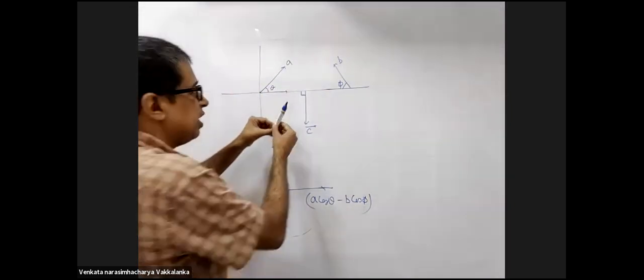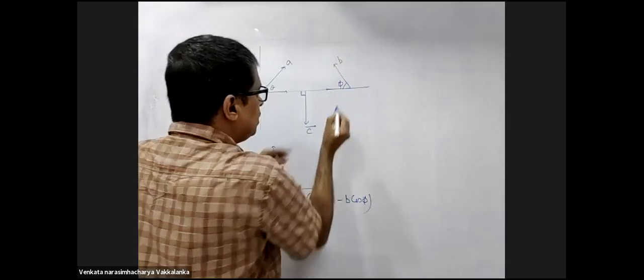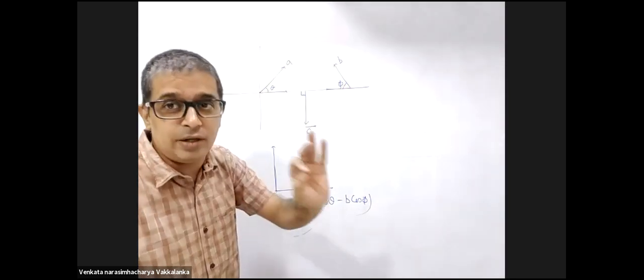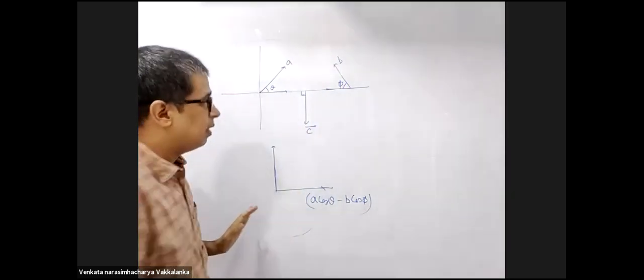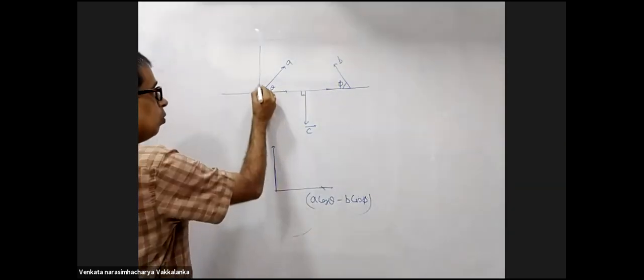A is in this direction, B is in this direction. How do you know this is B cos phi? Component of B adjacent to the angle is the vector times cos of the angle. Now I'm done with both x components. Now the y component.